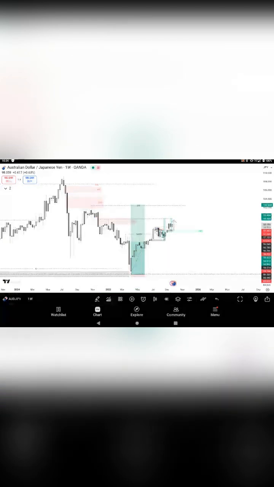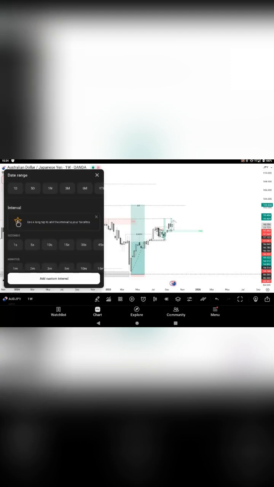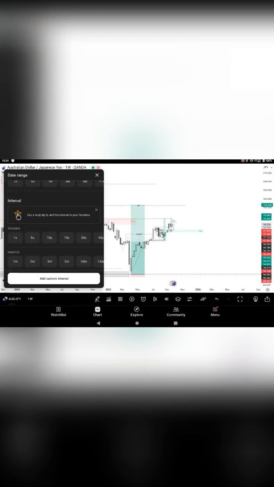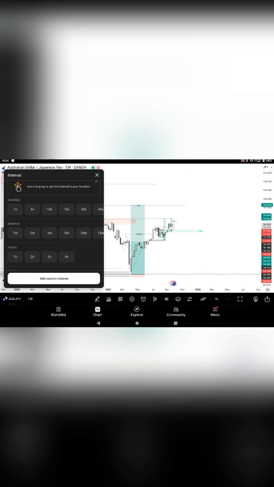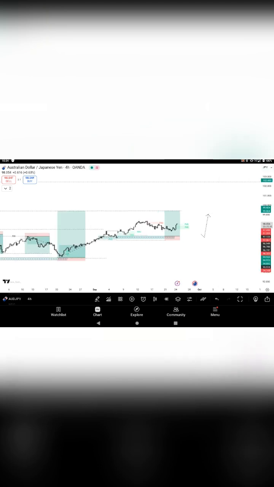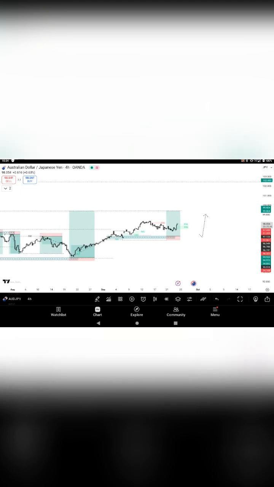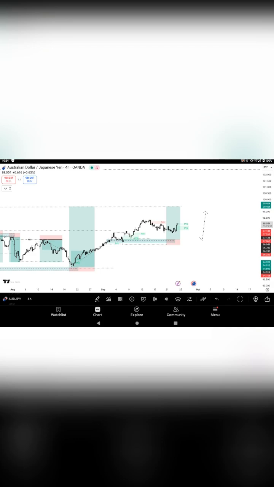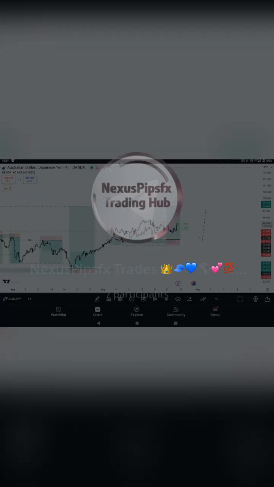Right now my setup is on the 4 hours time frame, and I'm waiting to see price come back here. I'm hopeful that price will come back so that we can take this ride to the upside.